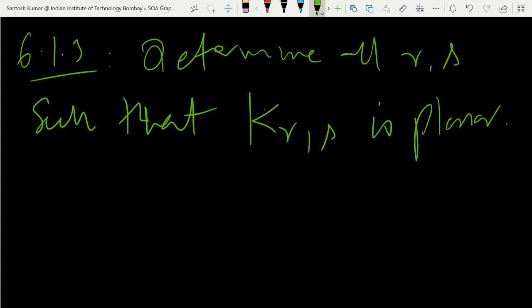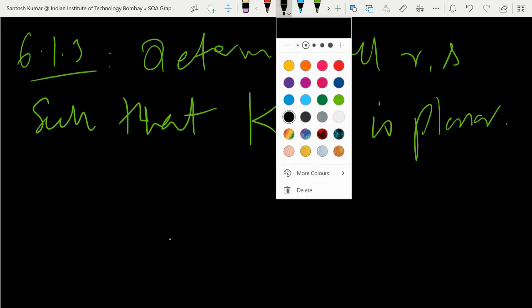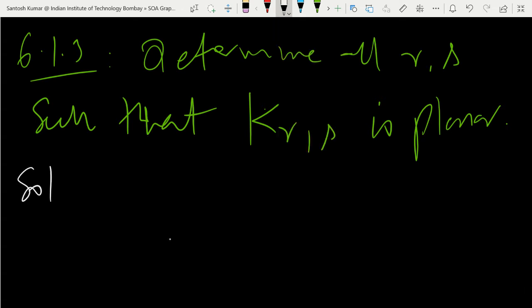So what are the values of R, S such that K_RS will be a planar graph? Can you tell? Do you have an answer, or you can try?